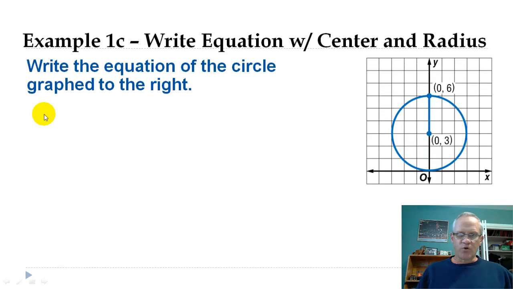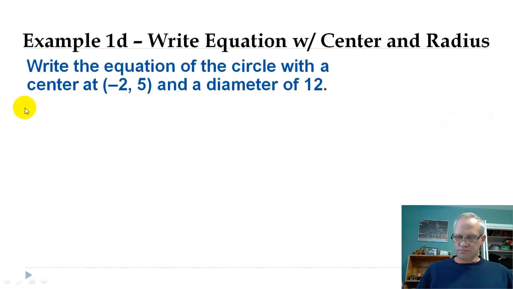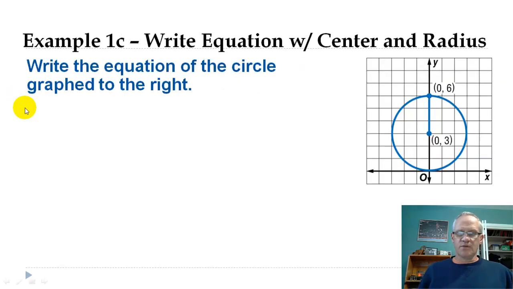What about this one? Okay. Whoa. Okay, that's not supposed to happen. All right, so again, remember, I'm just going to rewrite this again. x minus h squared plus y minus k squared equals radius squared. Okay, let's plug the stuff in here. Here we've got the center, and we've got another point here.